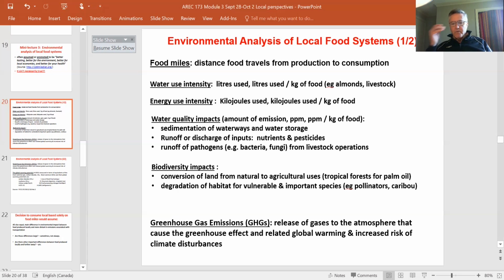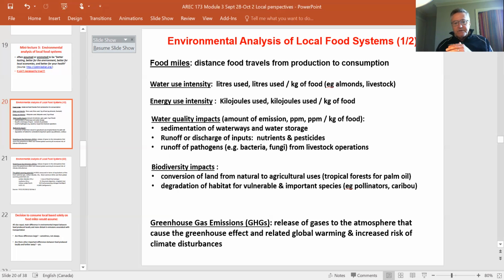For example, when certain types of pesticides are associated with bees and bee behaviors and ultimately to colony collapse disorder. Brenda also talked about degradation of habitat for the caribou that are very important, and she talked about the Bathurst caribou herd in Jasper Park.